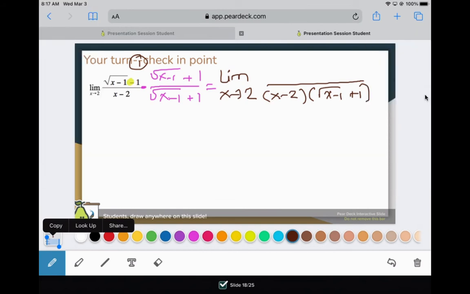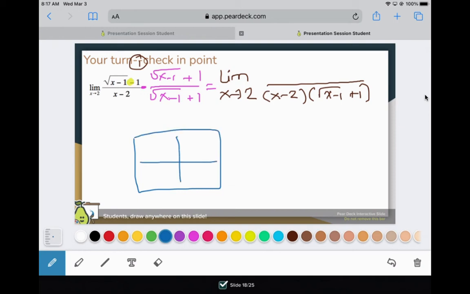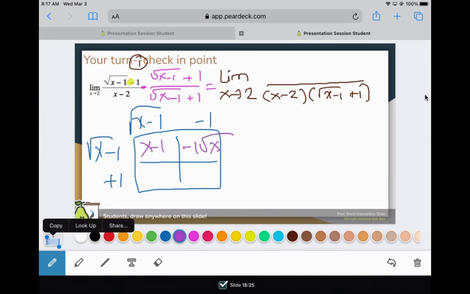So make the box: square root of x minus 1, negative 1, square root of x minus 1, positive 1. So I'm going to multiply them in. The square roots are going to cancel out, so I have x minus 1, negative square root of x minus 1, positive square root of x minus 1, and the last box is going to be negative 1.